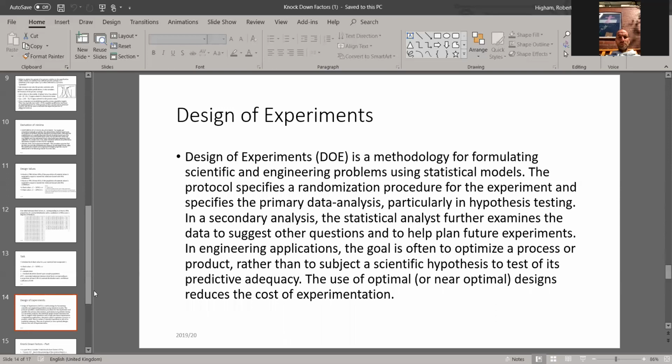What a design of experiments can do is it can look at things in a multifaceted approach. Using software mostly, we can actually look for the prediction of the next ultimate tensile strength, but we need to factor in the material, the manufacturing process, the temperature, the time in which the test is held, the rate of the test.